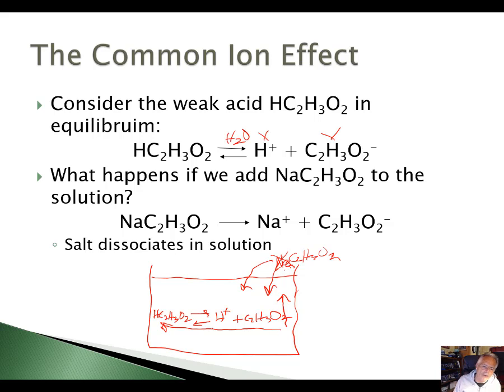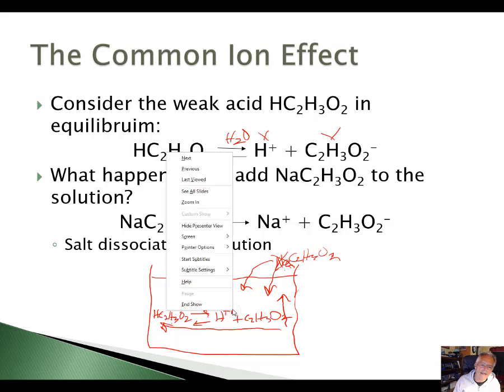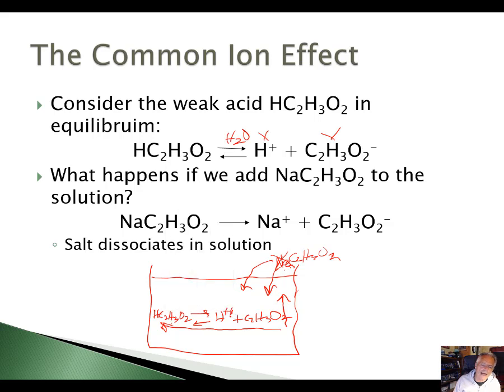It shifts it back toward the reactant concentration. And when it does that, it lowers the concentration of hydrogen ion, because if it shifts in that direction, the hydrogen ion has to combine with the acetate to form the acetic acid. So that's what happens in that shift.